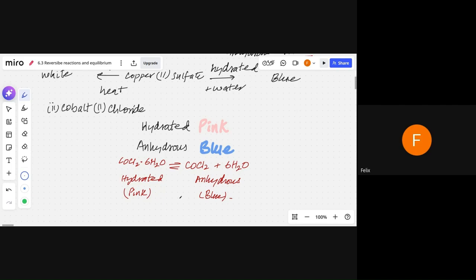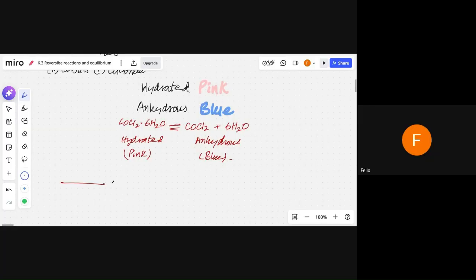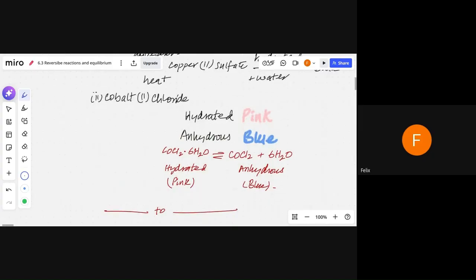So the questions will ask what will happen if we heat hydrated cobalt 2 chloride. What will be the color change, this to this. So the question says they are heating cobalt 2 chloride, and you have hydrated cobalt 2 chloride, so you will write pink to blue, right?